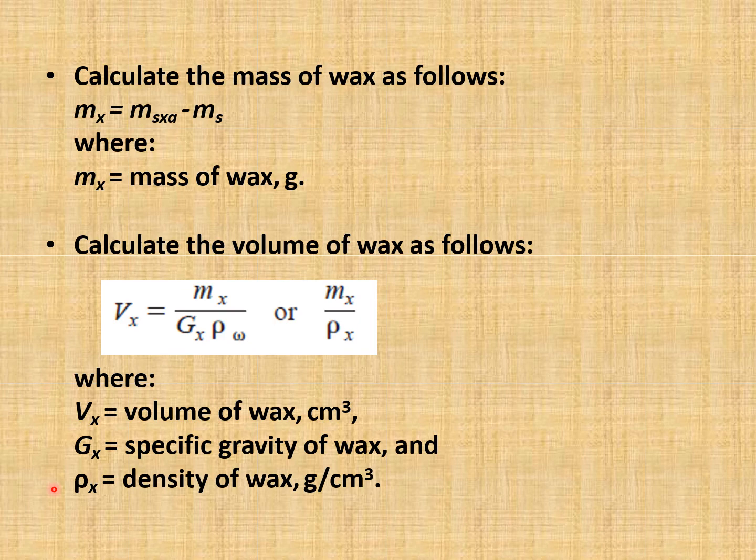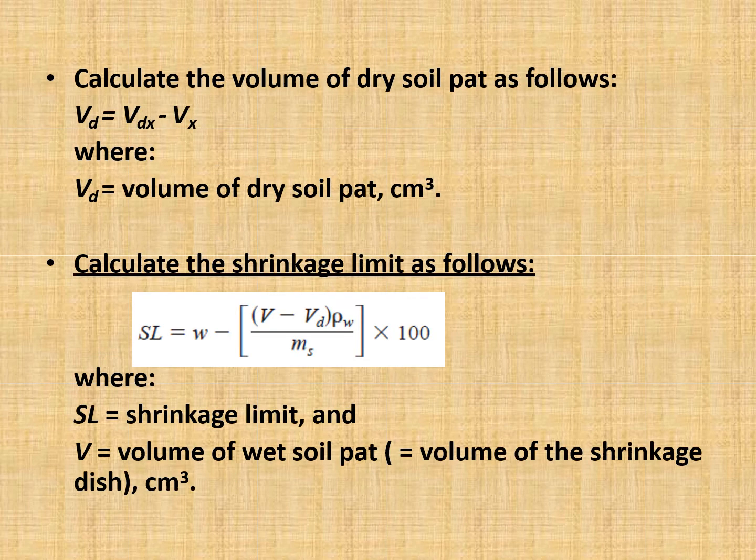In this way you can calculate the volume of wax. Next step is to calculate the volume of dry soil pad as follows. V sub d, that is the volume of dry soil pad, is equal to V sub dx minus V sub x, where V sub d, as I have already mentioned, is the volume of dry soil pad in cubic centimeter.